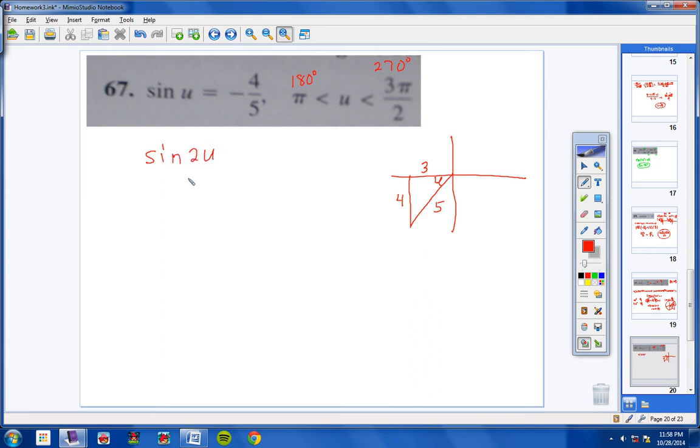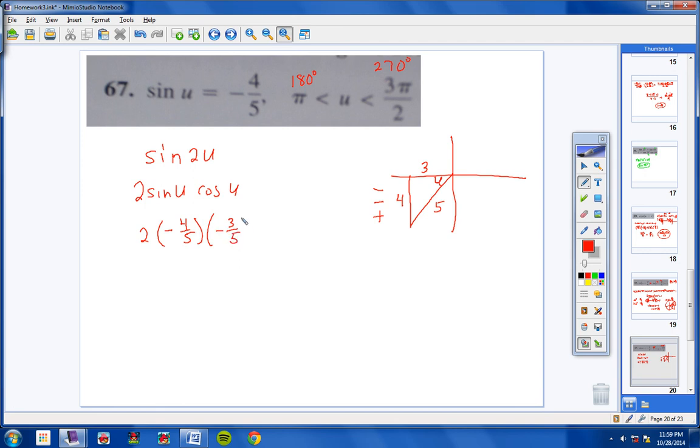Well, the trig substitution for that would be 2 sine u cosine u. So 2 times, and the sign sequence over here, students, is negative, negative, positive. So negative 4/5, and then cosine would be negative 3/5.